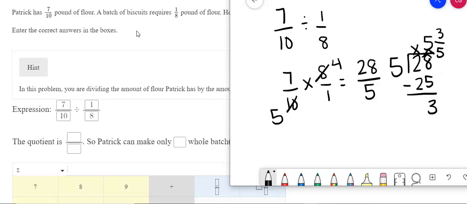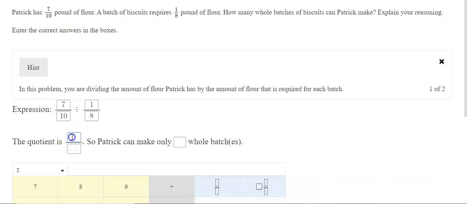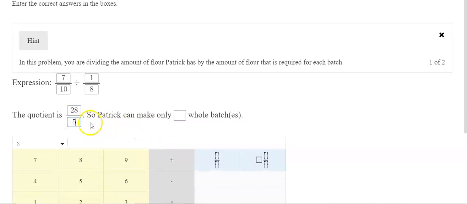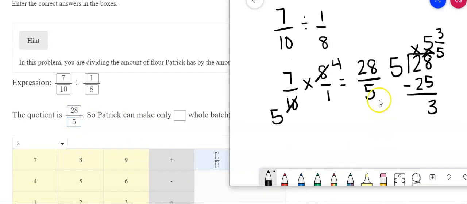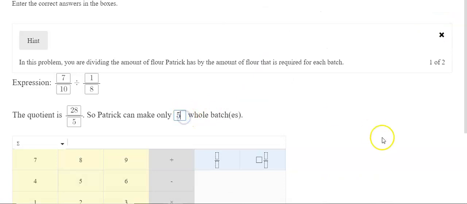So if you look at this, I guess they want the original. You can't do a mixed number there, so I guess they want the 28/5. And then we get a whole number of 5. So he can only make 5 batches.